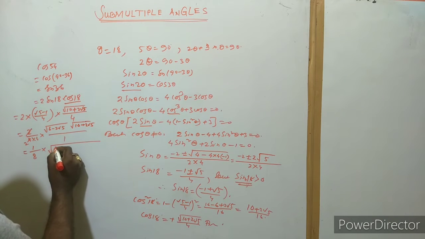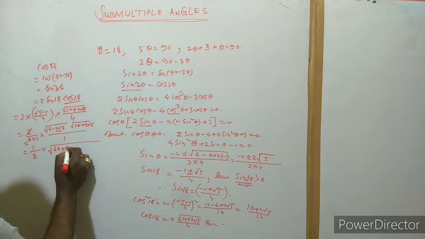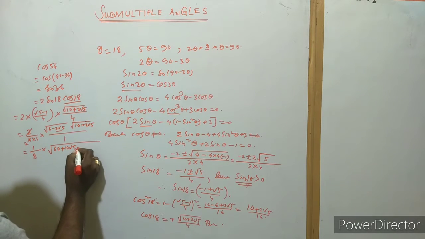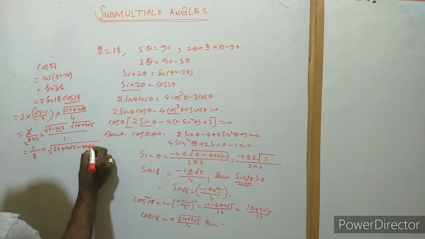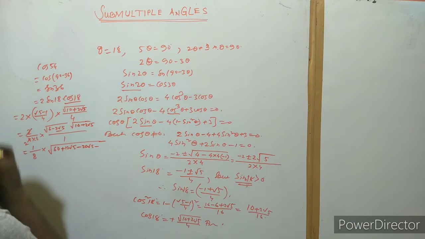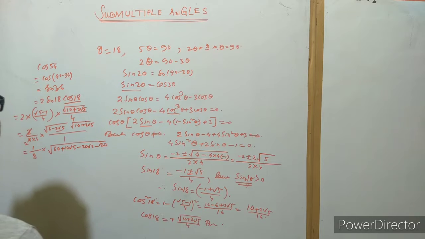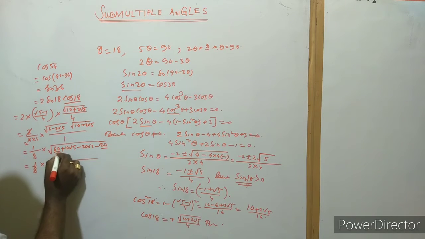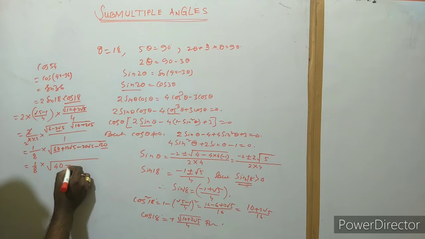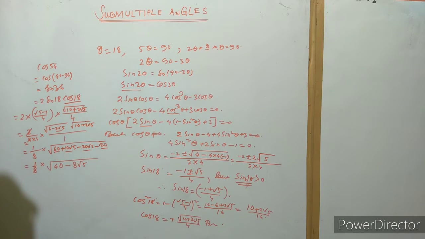We get 60, then 12 root 5, then 20 root 5, and 5 fours are 20, and from that we get 40, and from that 8 root 5.